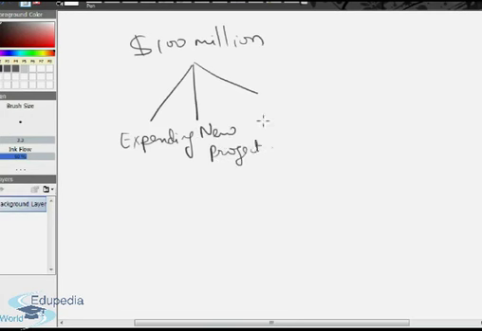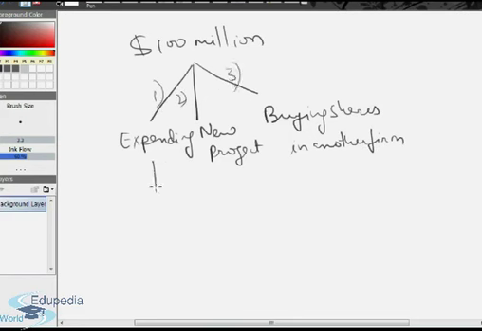Another alternative use is it can invest this amount in buying shares in another firm. So these are three alternative uses, and we also know the expected return from these uses. The first alternative gives us a return of suppose $20 million. The second alternative gives $18 million, and the third alternative gives $16 million.